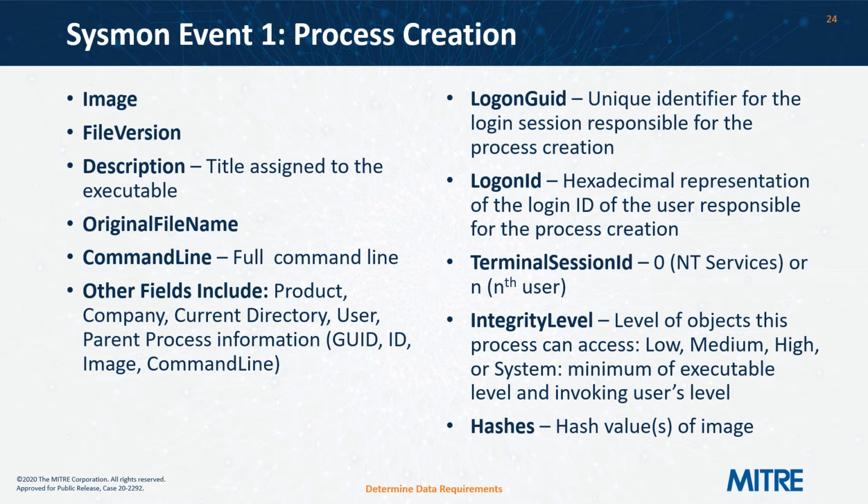There's also valuable information about the parent process, which created this one, including the globally unique ID and its command line arguments. Sysmon also provides useful information about the session and integrity level associated with the process. Each of these fields can help distinguish malicious activity from benign and provide context during an investigation.